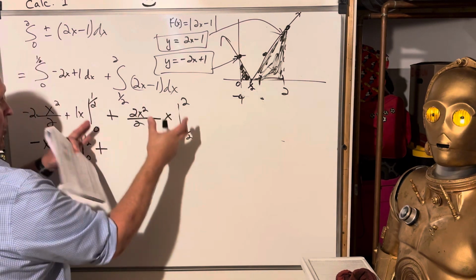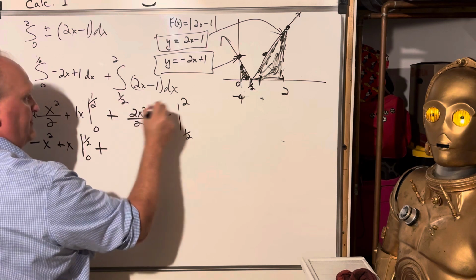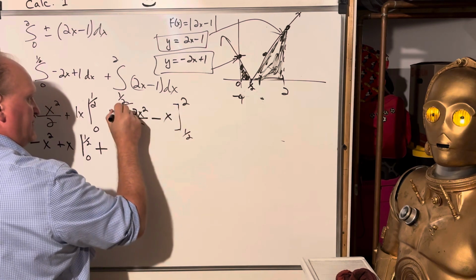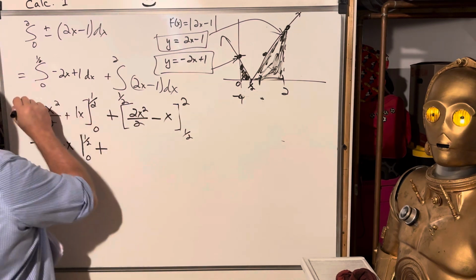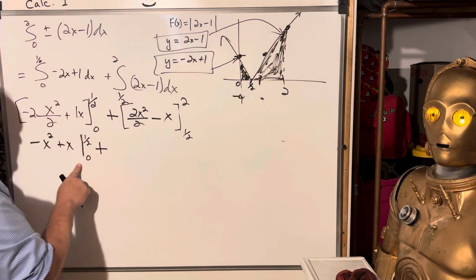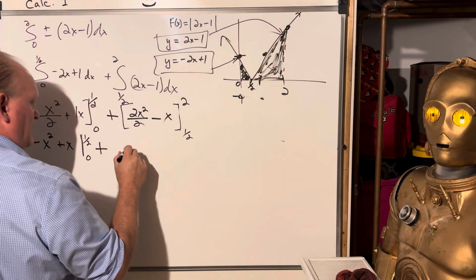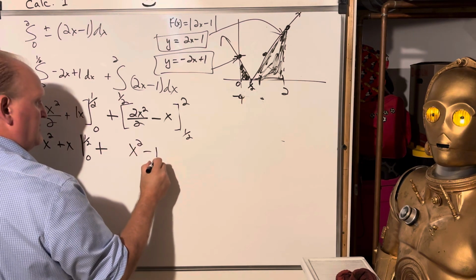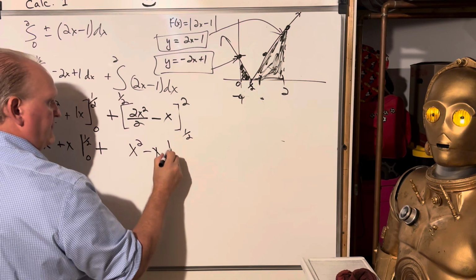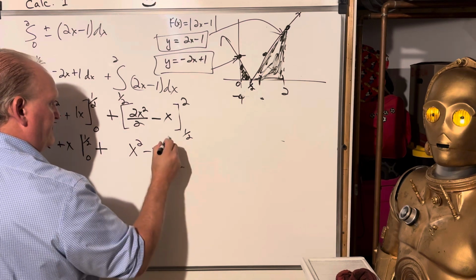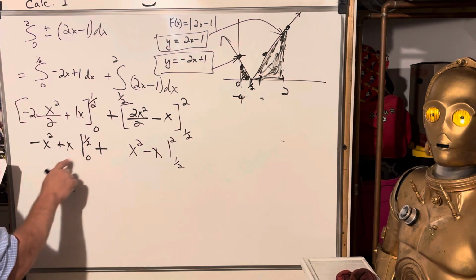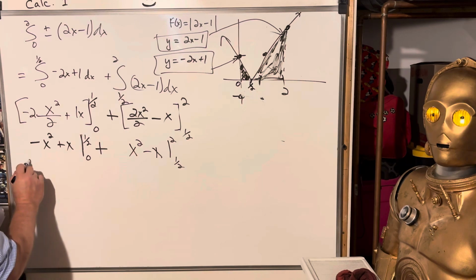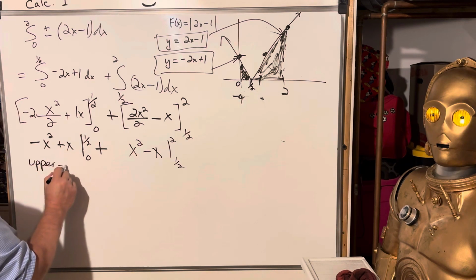If you're going to have the whole thing in brackets, then you can make it a bracket like this for shorthand if I was going to bracket them both off. But when it's standalone, you don't do that. So x squared minus x from 1/2 to 2. All right, so now it's upper minus lower, upper minus lower.